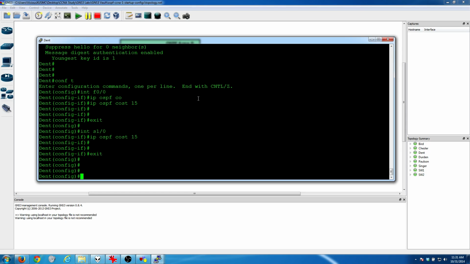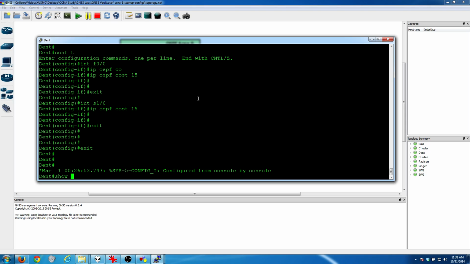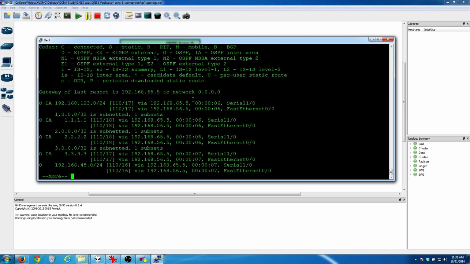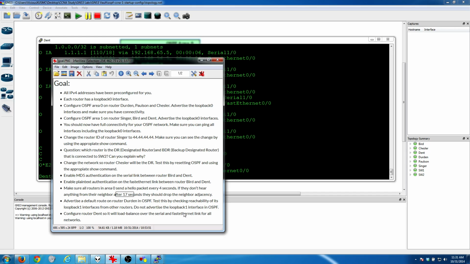Now we've equalized the cost of those interfaces, and OSPF will take over and automatically do load balancing. Let's show our routing table again. Now every single route has both interfaces on there because it's doing load balancing for us. And I think that was it. Was that the last one? It was. So that is the end of this.